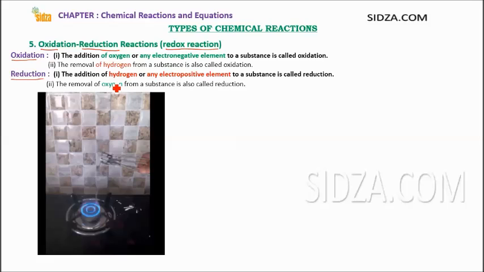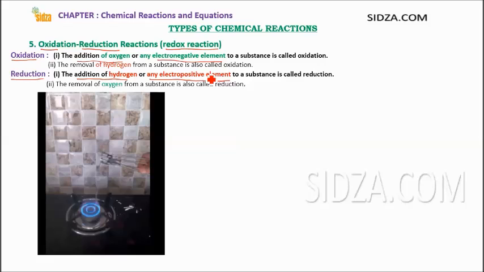The classical concept is in terms of adding the hydrogen and the oxygen, right? So oxidation is simply addition of oxygen or addition of electronegative element, and reduction is addition of hydrogen or addition of any electropositive element.